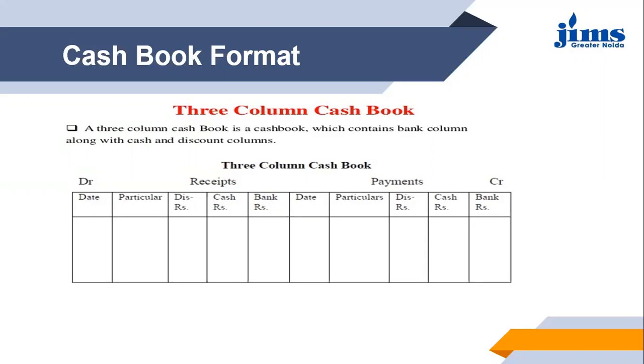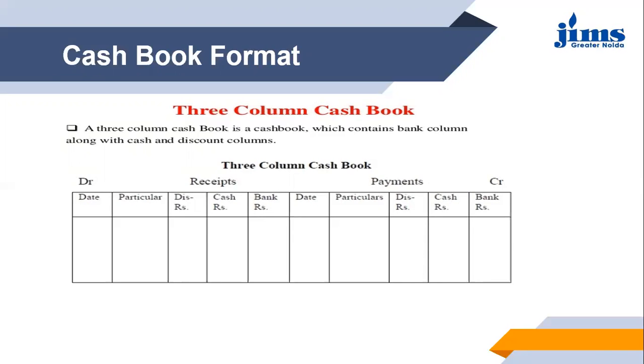As per the golden rule, we record all the cash outgoings under credit. As the real account rule says, debit what comes in, credit what goes out. So we record all the cash outgoings on the credit side, and all the cash incomings on the debit side. As you can see here, there are three columns: discount, cash, and bank.